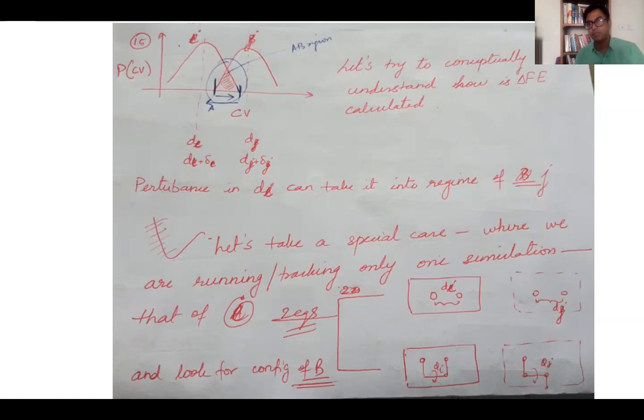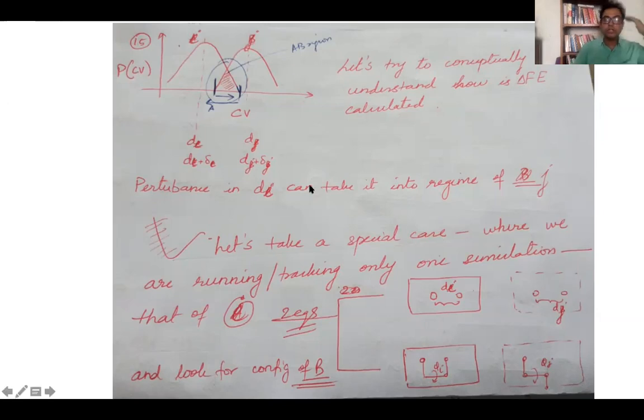So what is the problem here is that the EJ is far removed from EI. It is highly unlikely that if you are sampling at 5 angstrom, you would actually run into a configuration for a 10 angstrom sodium and chloride separation, right? But it is more likely that, let's say, you are running at 5 angstrom and sodium and chloride at 5.5 angstrom or 6 angstrom will see the same water environment. It is more likely to happen.